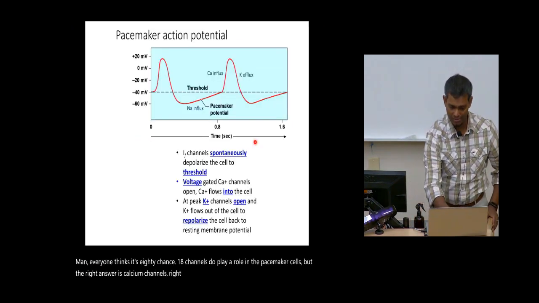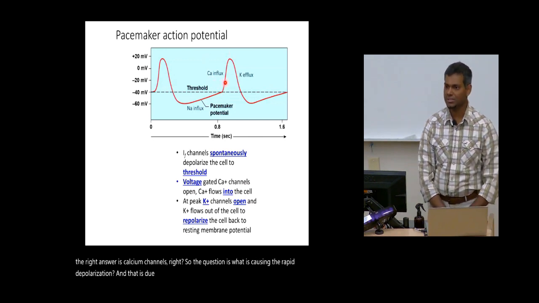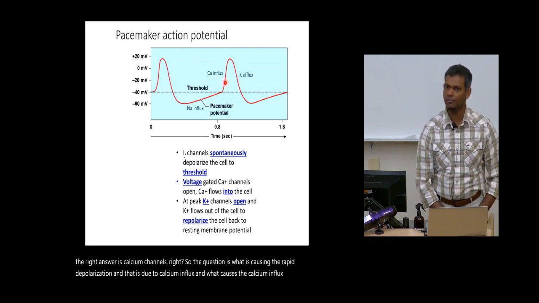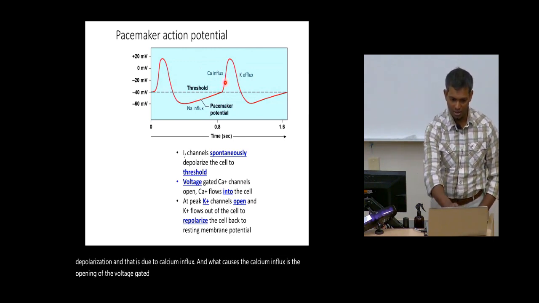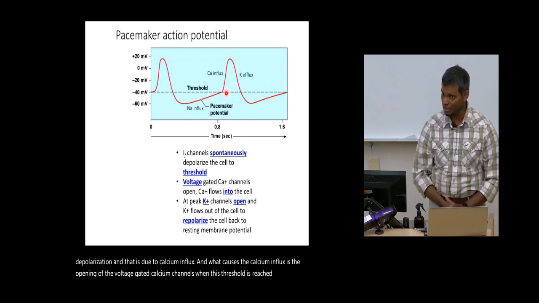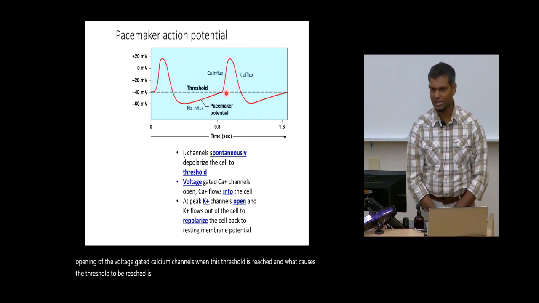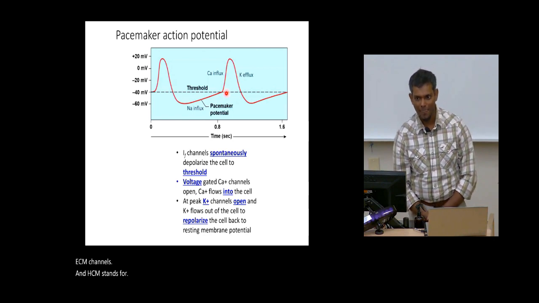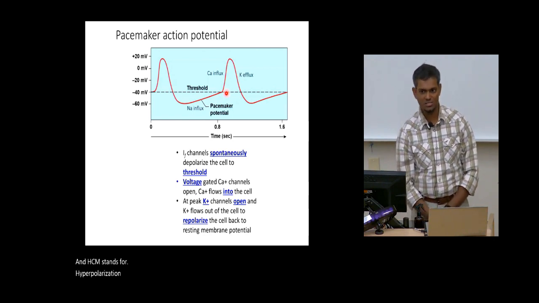So the question is, what is causing the rapid depolarization? And that is due to calcium influx. And what causes the calcium influx is the opening of the voltage gated calcium channels when this threshold is reached. And what causes the threshold to be reached is the HCN channels. And HCN stands for hyperpolarization-activated cyclic nucleotide-gated.